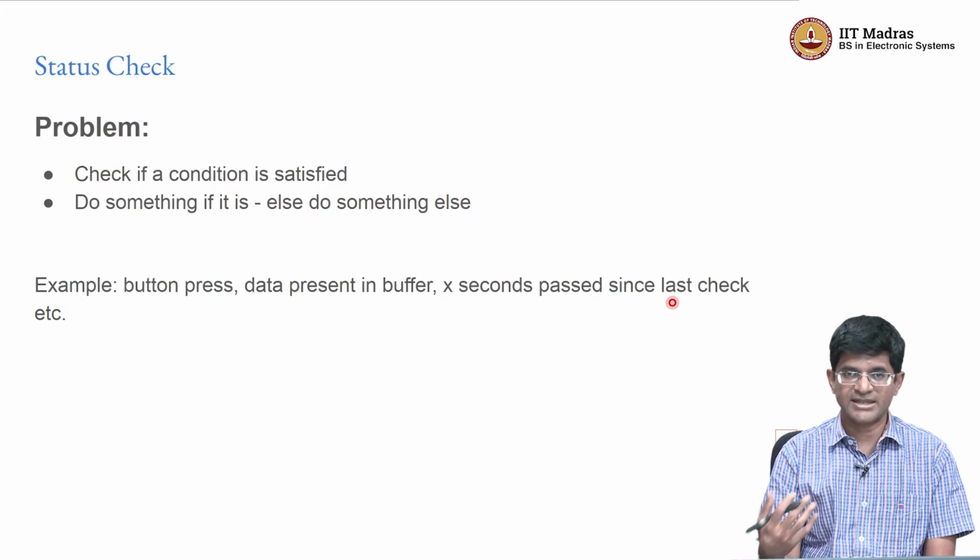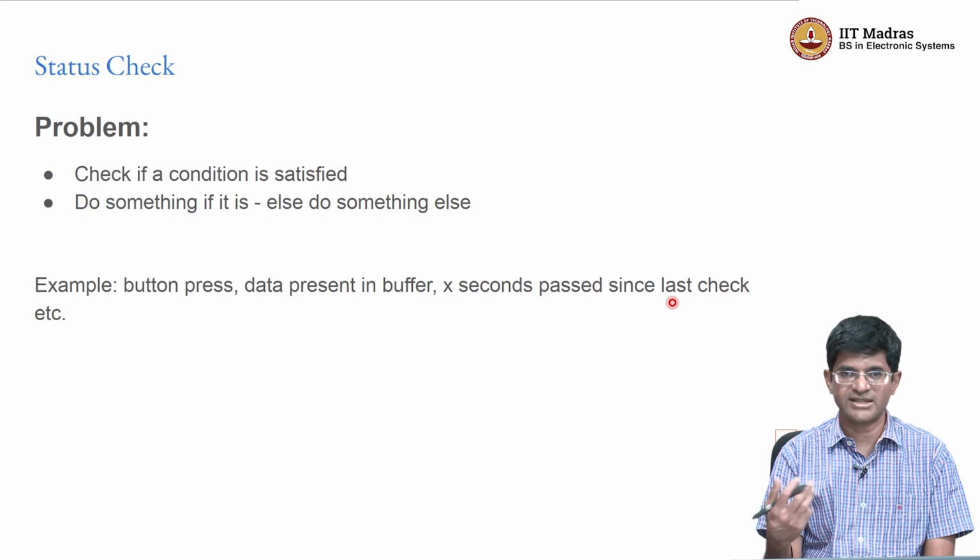And as far as the design of the embedded system is concerned, I want to be able to check this particular condition, and based on whether a button was pressed or whether data is present in a buffer and so on, I either want to react to it, maybe process the data which is present in the buffer, or turn on a light, or change the state of my system depending on whether a button was pressed, or perhaps do something else.